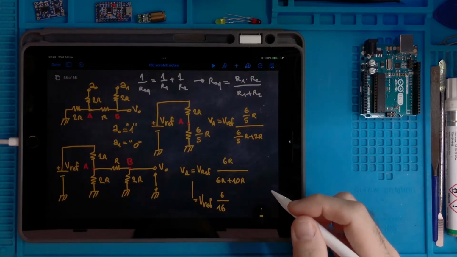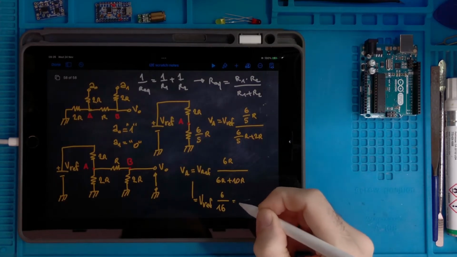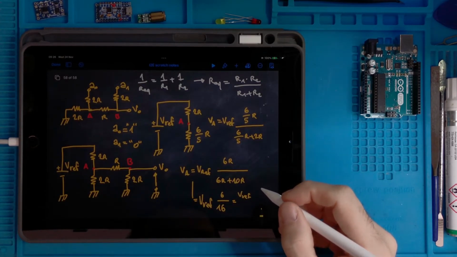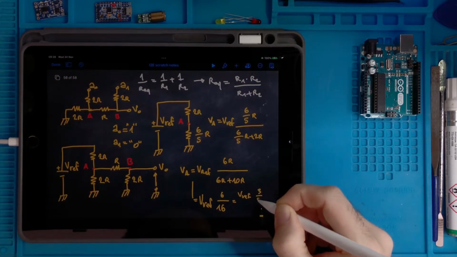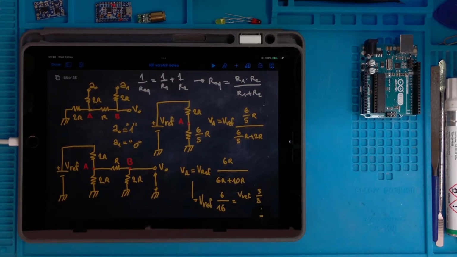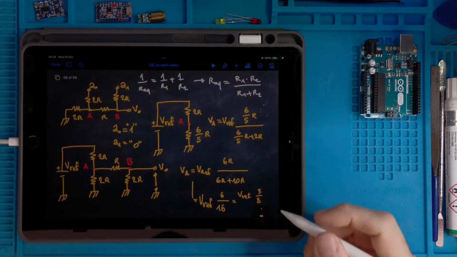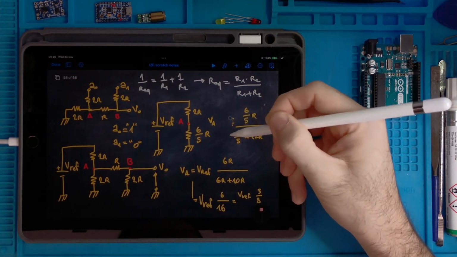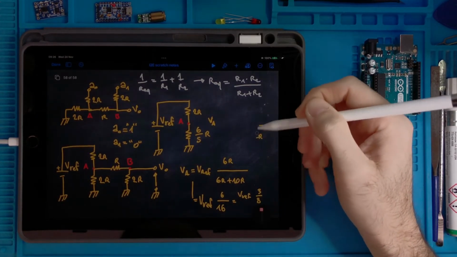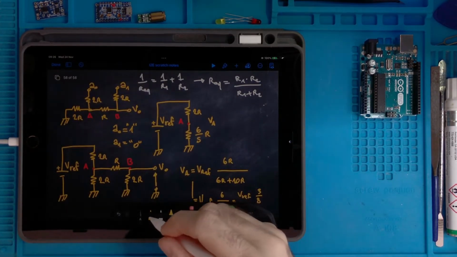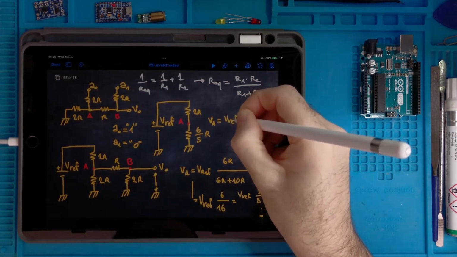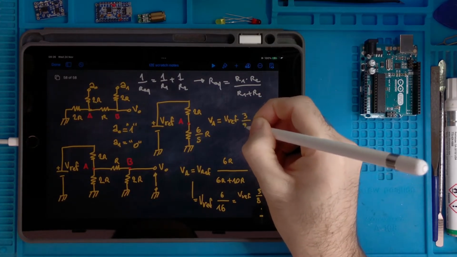So 6/16 is also V ref multiplied by 3/8. So this is the voltage of the node A. So let's write it here for later. So VA is V ref multiplied by 3/8.